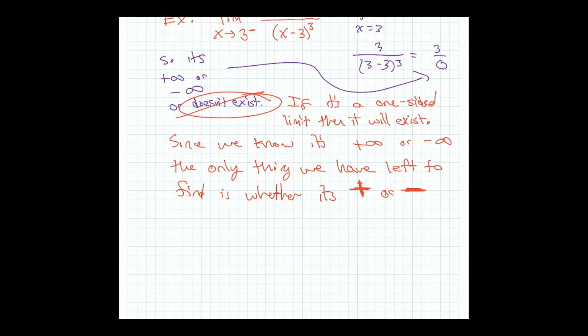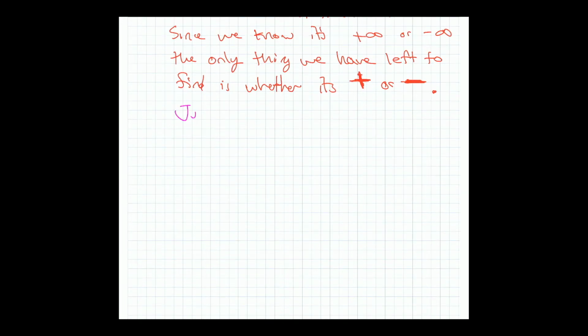The easiest way to do it, and this is how I recommend you do it, is just pick a number. x is approaching 3 from the left, so pick a number close to 3 on the left, plug that number into the function, and just see if it's positive or negative. That's all we need to do.